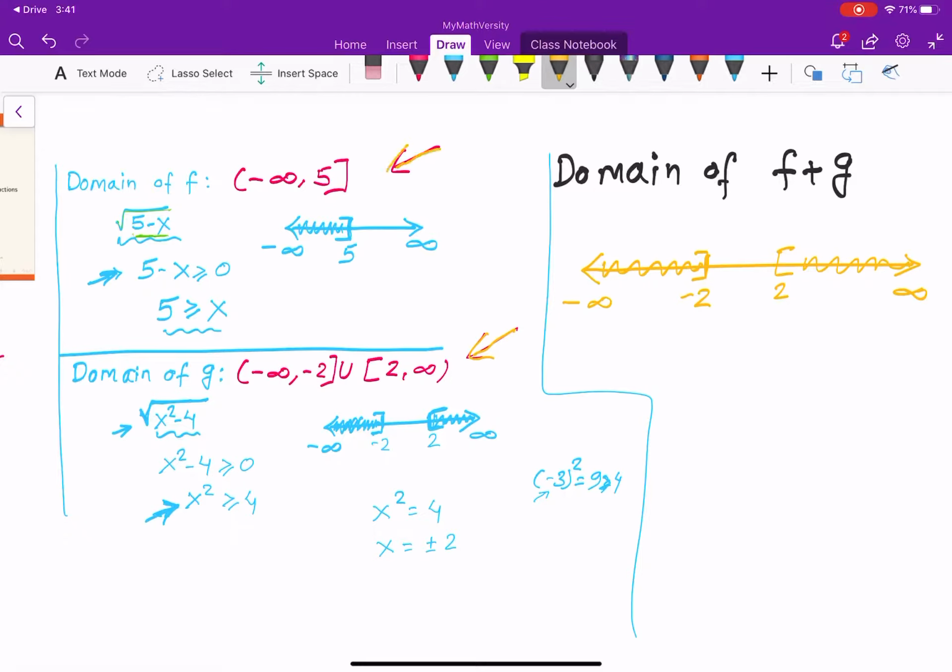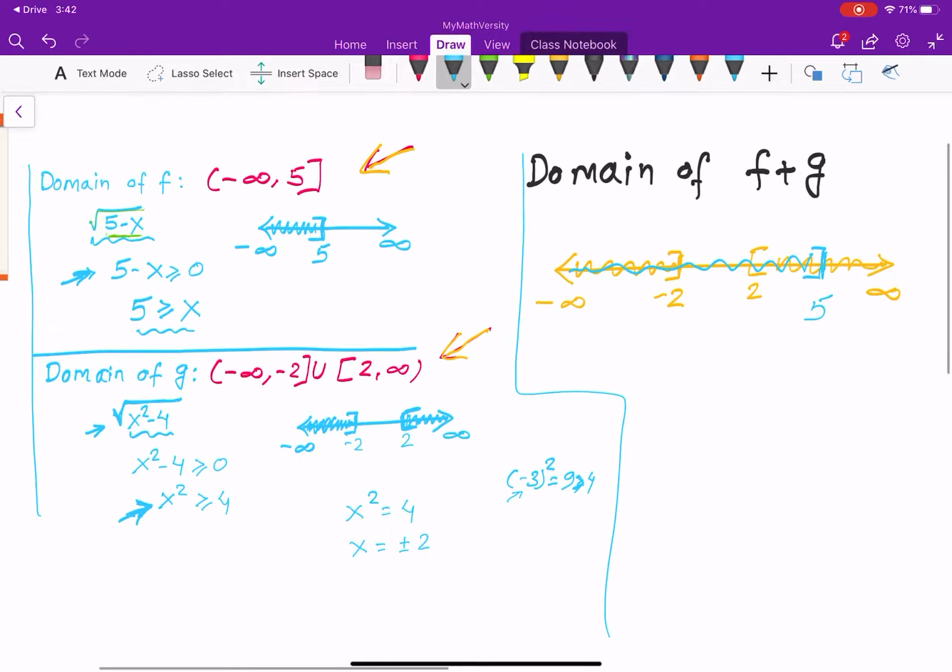The domain of f is the set of all real numbers which are less than or equal to 5. So if 5 is somewhere around here, the domain of f includes all of these real numbers over here. So I have these two different colors. Domain of f is in blue, and domain of g is, let's say, yellow.